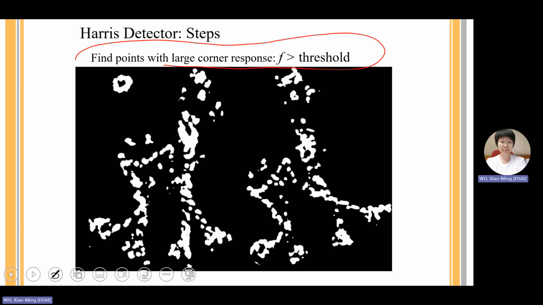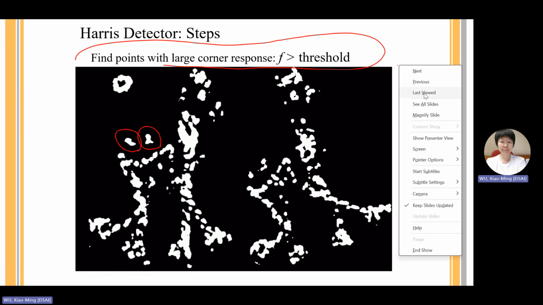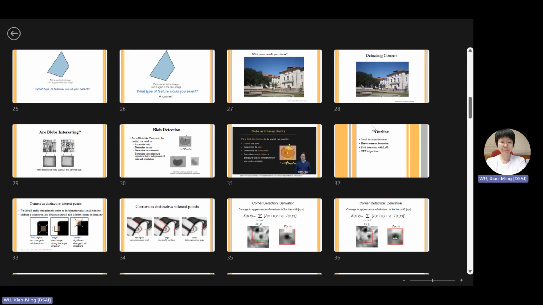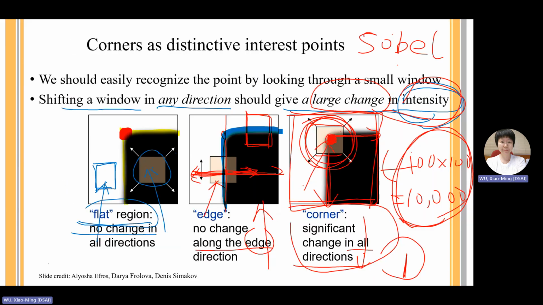But as you can see, just as in edge detection, we obtain multiple responses. There are some redundant responses, which means, for example, there are multiple points with high response for this corner.